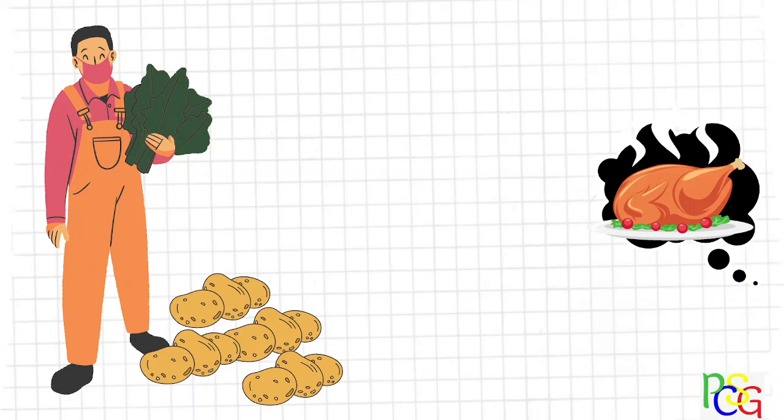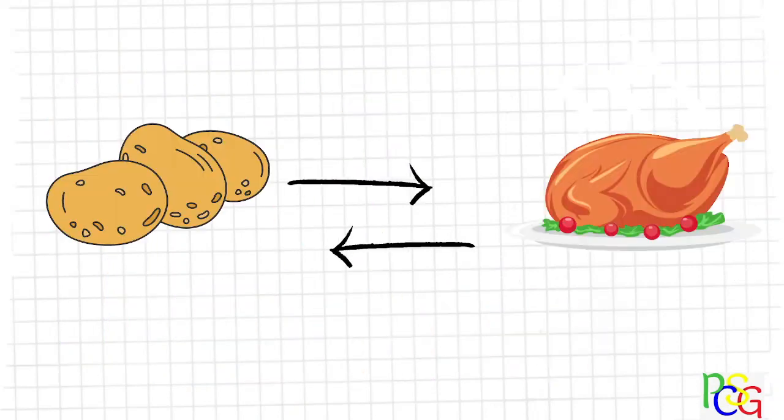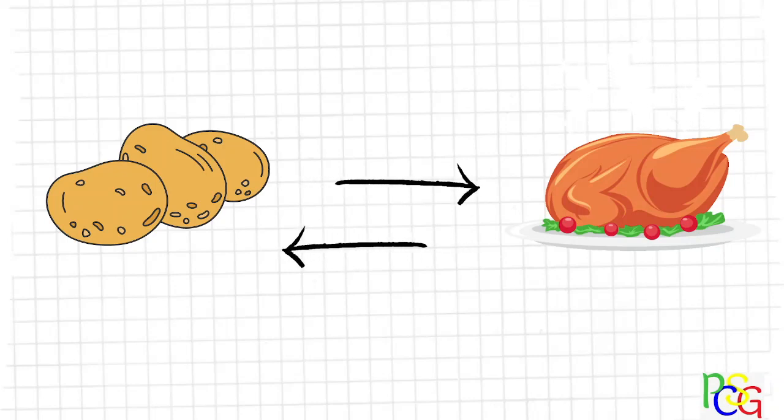Are you willing to give me a bag of potatoes for this whole chicken? And Mr. Brown is like, sure, why not? So the exchange occurred. There was an exchange of chicken for potatoes.